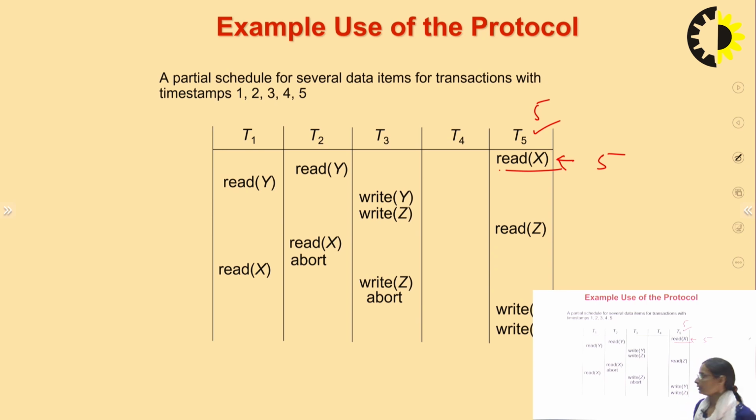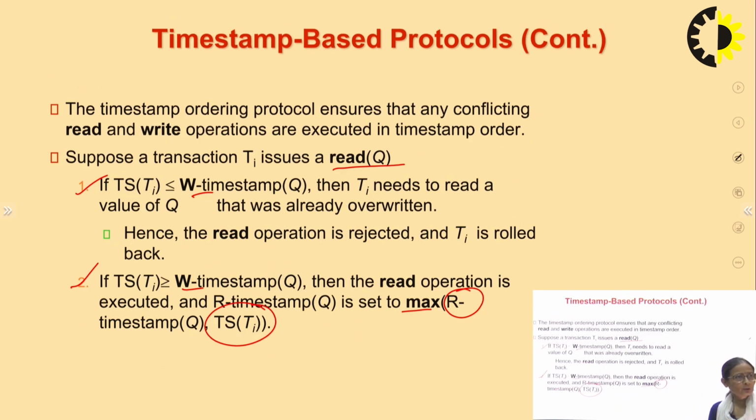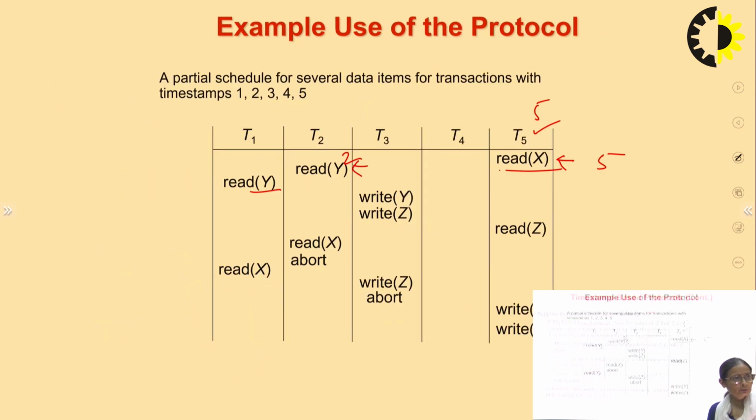Now T2 comes, and on the data item Y the R timestamp value is set to 2. Again T1 comes. According to the read operation, what do we need to check? We are again performing the read, so no need to check, the permission is granted.